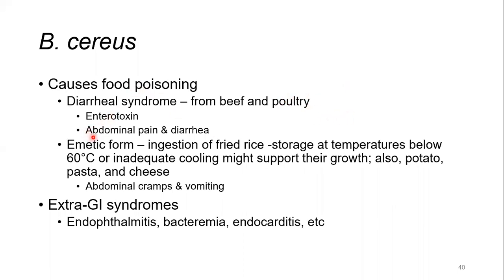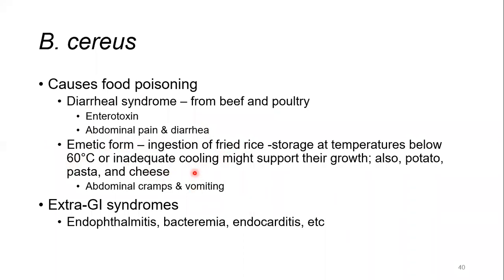And in this, we have abdominal pain and diarrhea. Then we have emetic. Emesis basically means vomiting. And the emetic form is associated with ingestion of rice, potatoes, pasta, and dairy products.